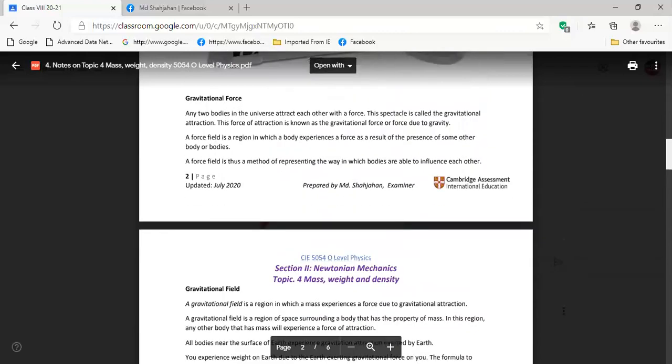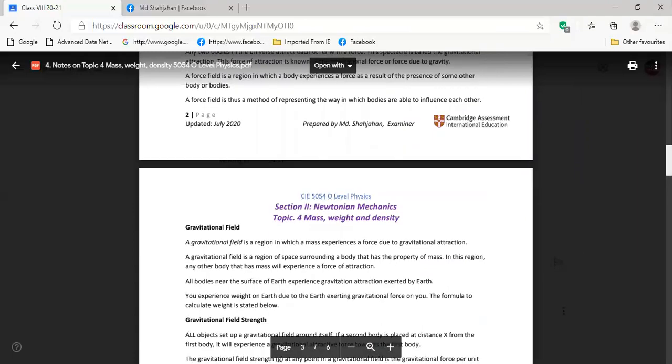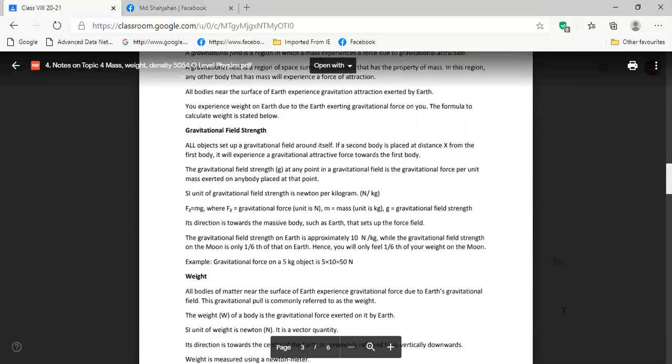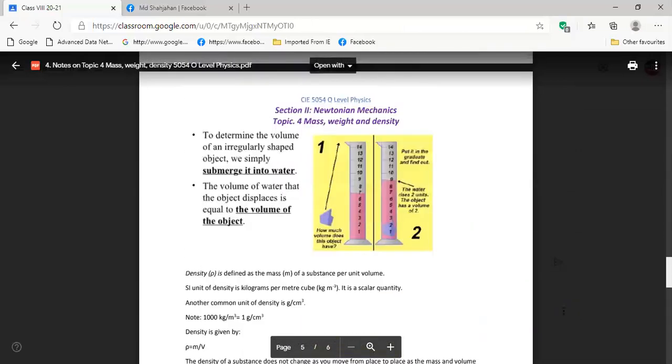Now I'm giving you some homework here. We have now 15 minutes. In these 15 minutes, if you go through, you'll understand most of the things, and you go through till the last of the notes.